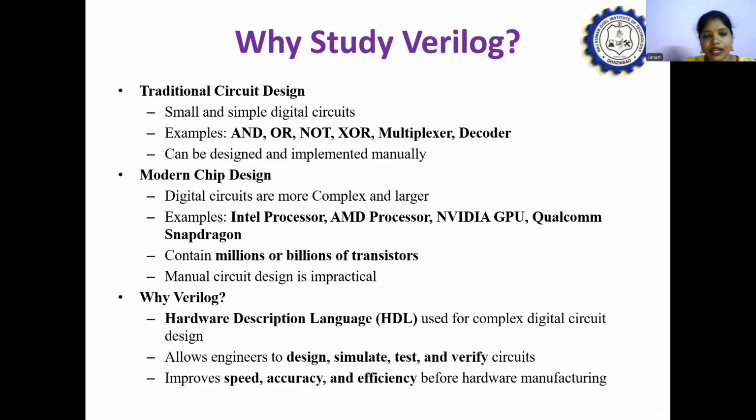So the hardware description language allows engineers to design, simulate, test as well as verify digital circuits. The main advantage is that we can improve the speed of the design, reduce errors, and increase accuracy and efficiency before chip manufacturing.